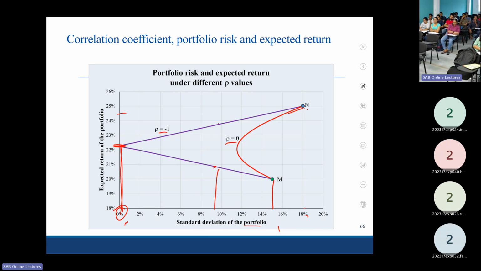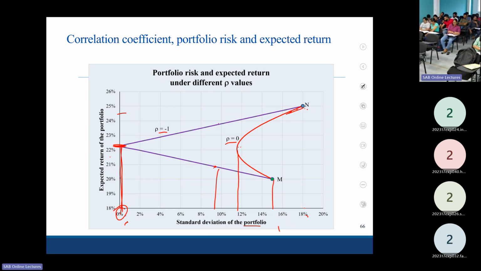Even in the 0 correlation case, you can observe a moderate level of diversification. Risk reduces down to here, but when the correlation coefficient is 0, it never approaches this point. So what is the conclusion? When the correlation coefficient is 0, even a moderate level of diversification advantage is possible.